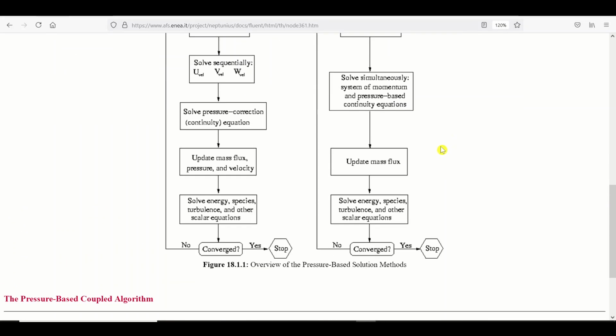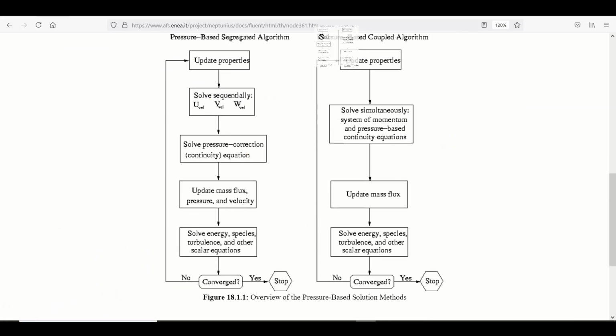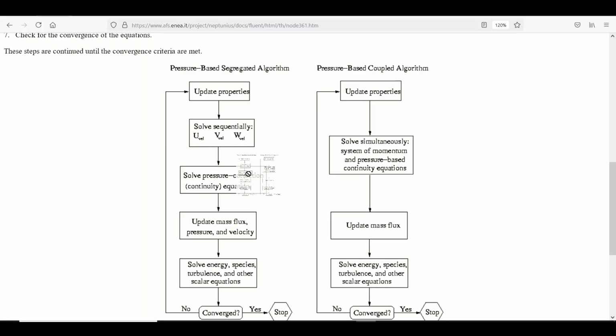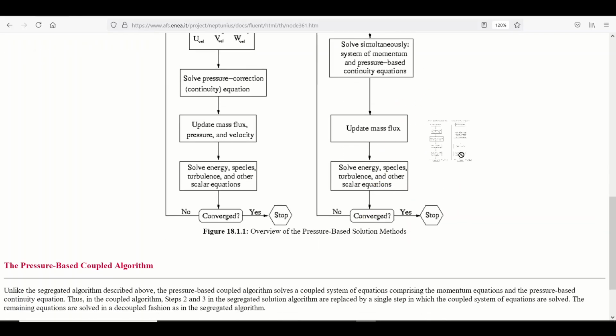All right, so what did I mention in the segregated algorithm? We are solving the momentum equation, then we are solving the pressure correction equation, and based on this solution we are updating the properties again, right? But here we are solving them together and then we are updating the properties. After this, we are solving the energy equation or any other scalar equations which are involved in the model.